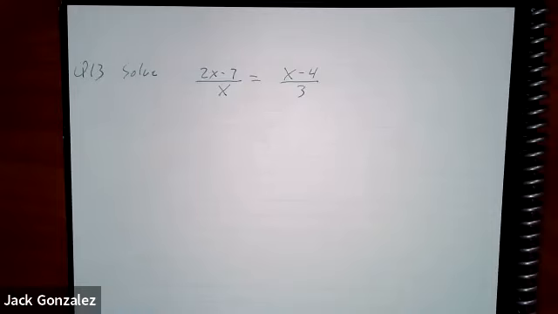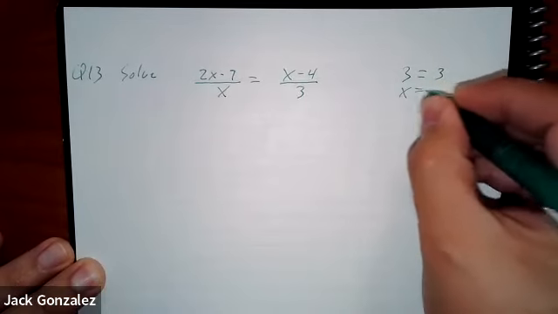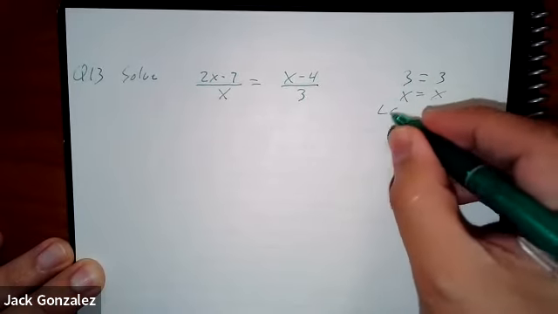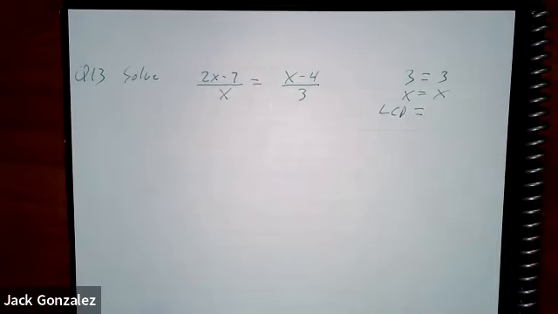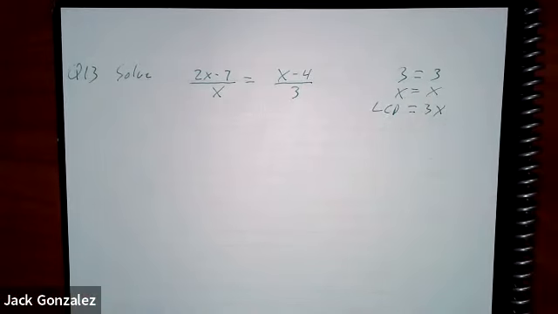So look at the denominators. Are they both prime? No, just three. You would do this to find the LCD. And then you would count each time each factor appeared. You had a 3 and an X appear one time each at most. So LCD is 3X because they are prime. If they weren't prime, then you'd have to count the most number of times any factor appeared in one spot, not total.